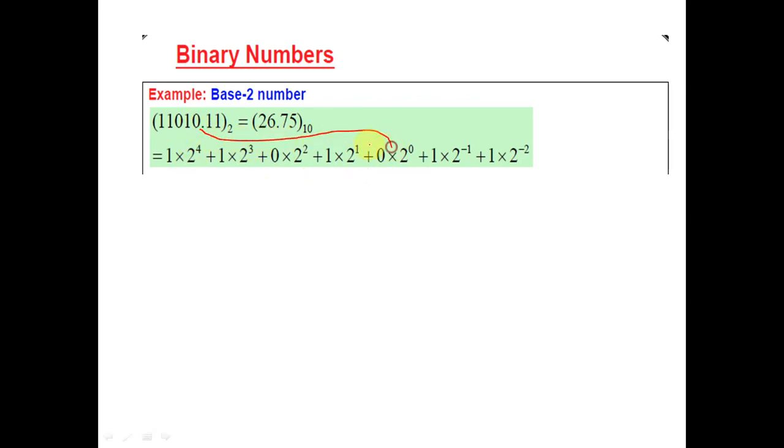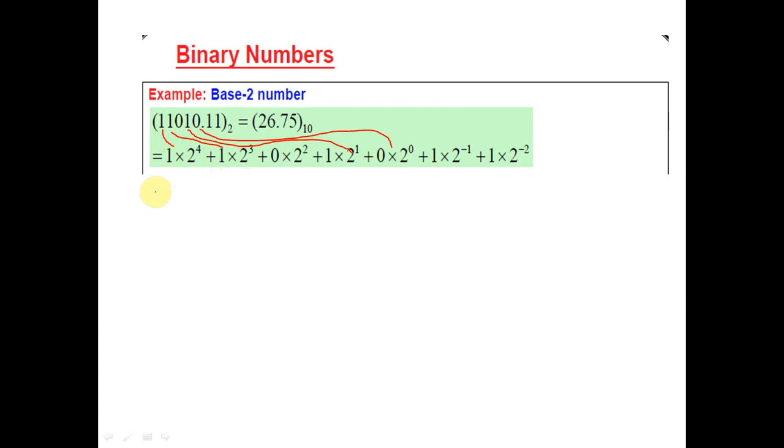Now multiply each digit: 0 into 2 raised to 0, 1 into 2 raised to 1, 0 multiplied with 2 raised to 2, 1 multiplied with 2 raised to 3, and 1 multiplied with 2 raised to 4.